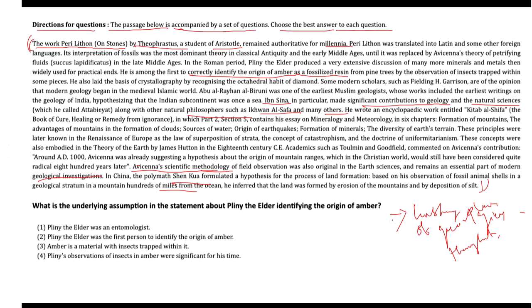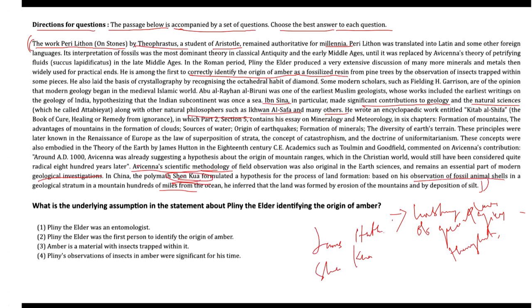The text also mentions James Hutton's theory of the Earth in the 18th century, and Shen Kua's hypothesis on land formation based on fossil observation in China.